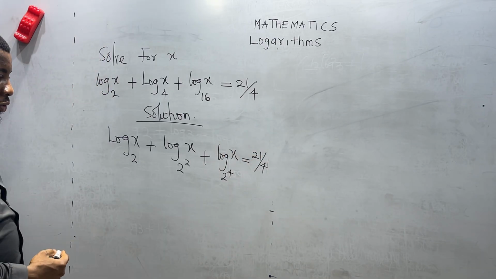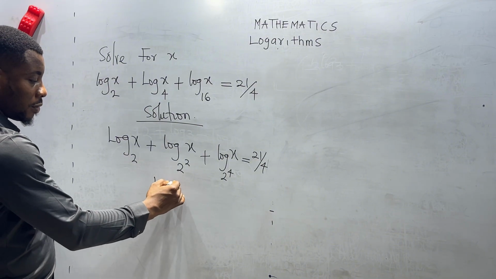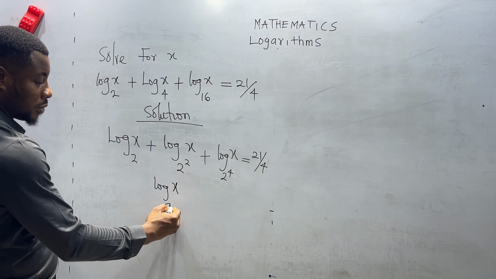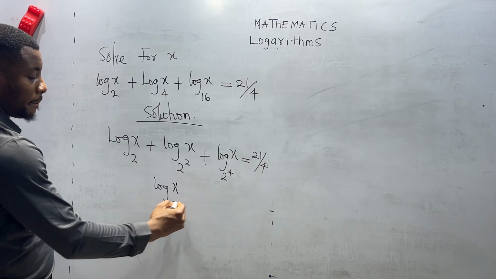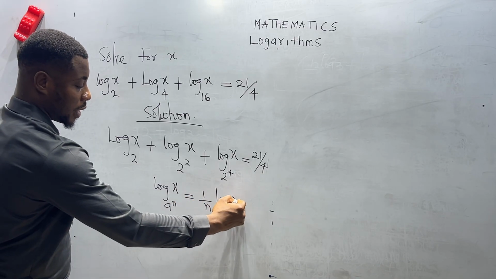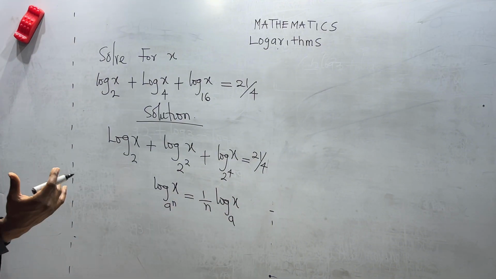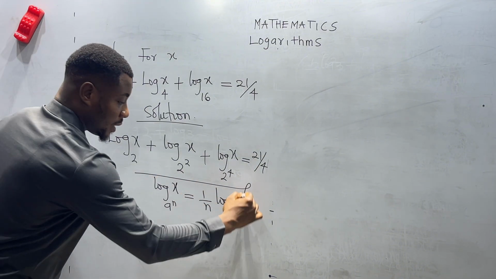Now, remember I showed you a log rule that tells us that whenever we have log of x to base a raised to power n, we can write this as 1 over n log x base a. I taught you this already; you can check out my previous videos where I explained this law.